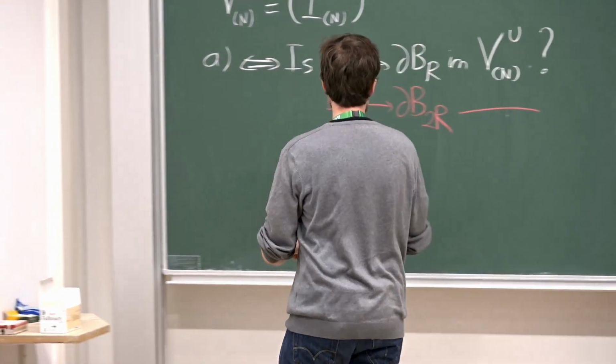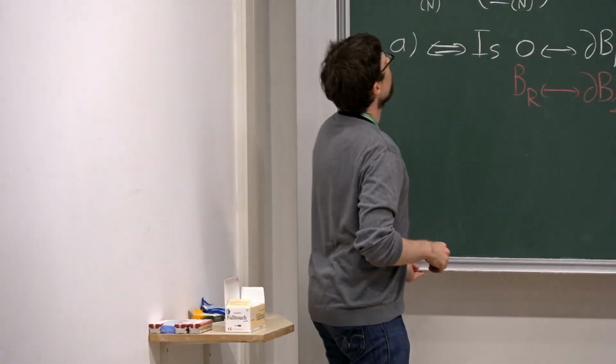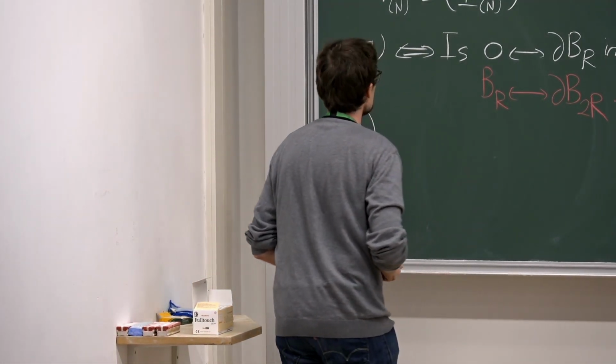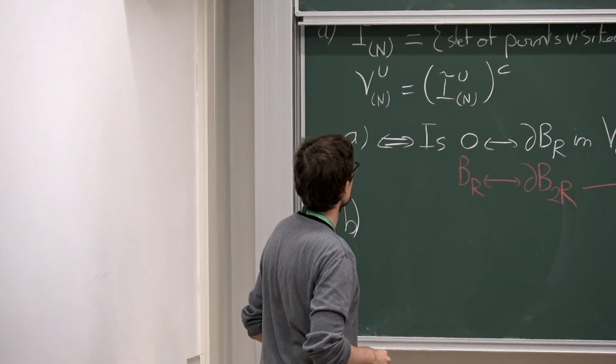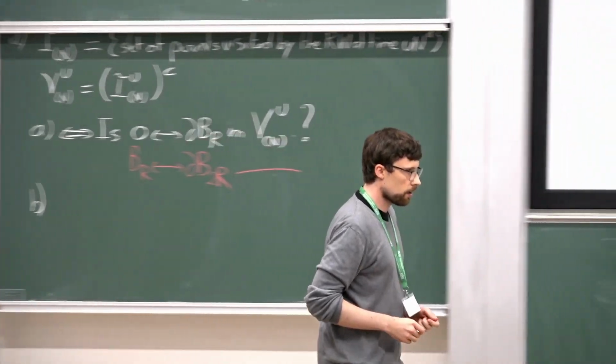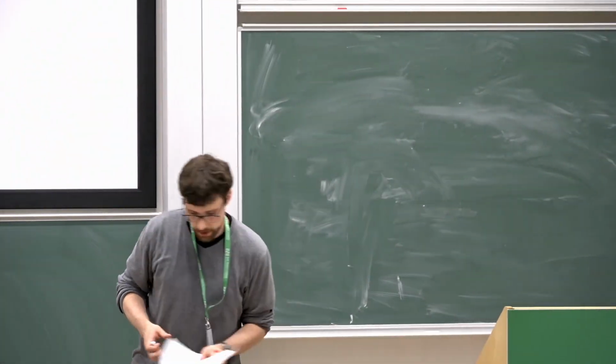So, this is what the picture looks like in 3D. And in order to be able to state question B a bit more precisely, I will define the first passage percolation associated to my model.